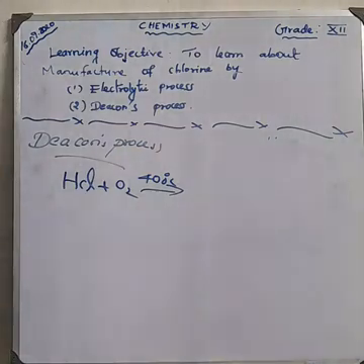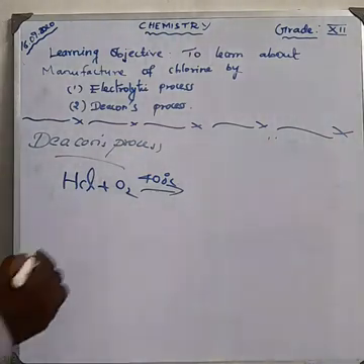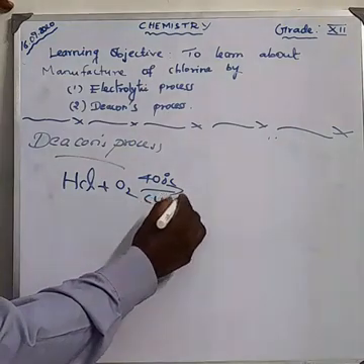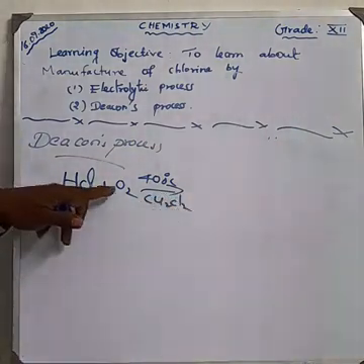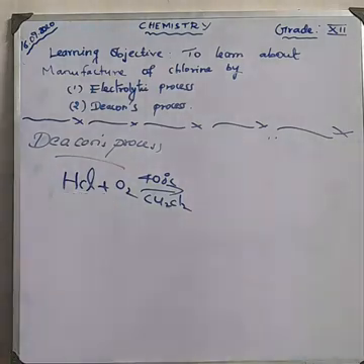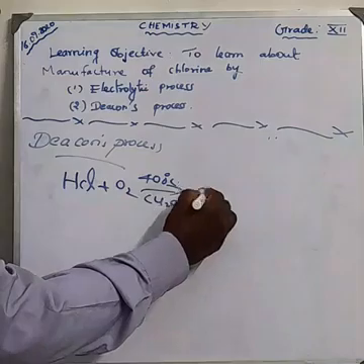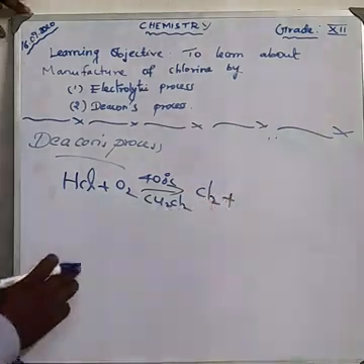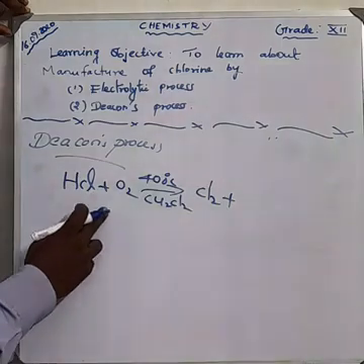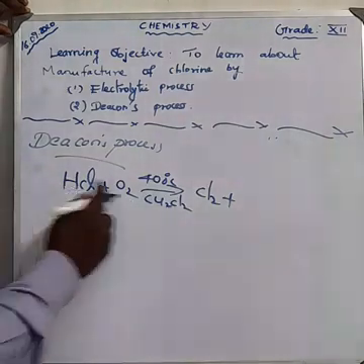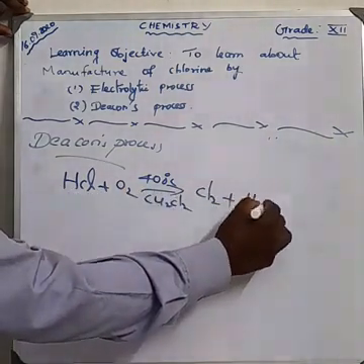In the presence of cuprous chloride, Cu2Cl2, hydrochloric acid reacts with oxygen. We get chlorine, that is chlorine plus chlorine molecule, and also hydrogen combines with oxygen to form water.